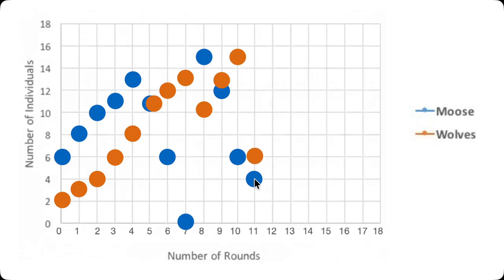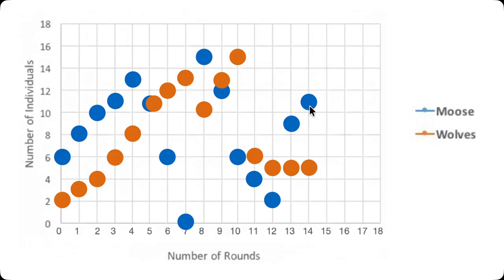Next up, round 11, moose are at 4, wolves have dropped way off at 6. At 12, we've got moose at 2, wolves at 5.